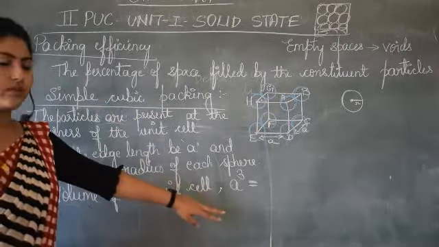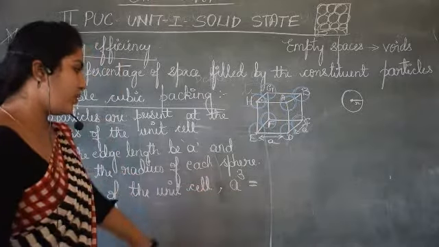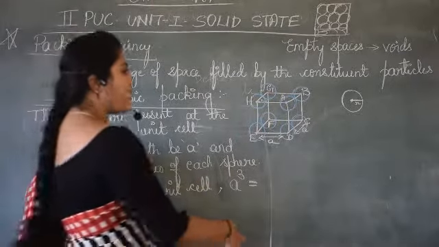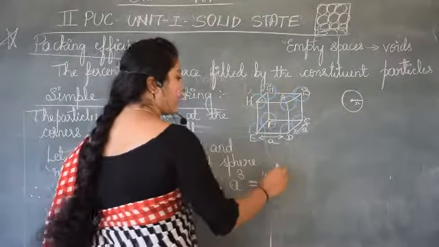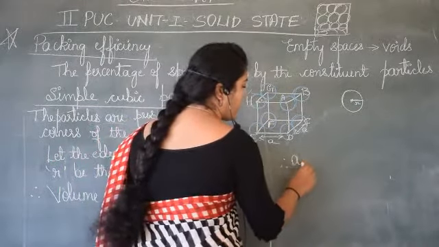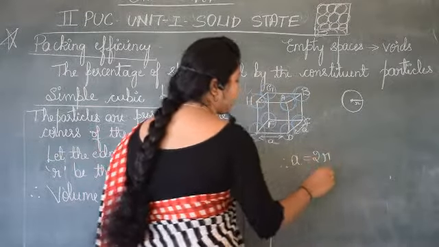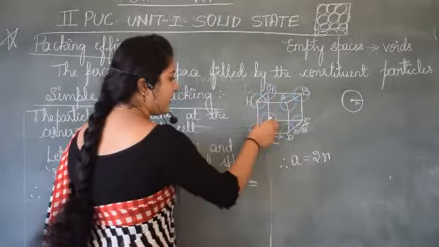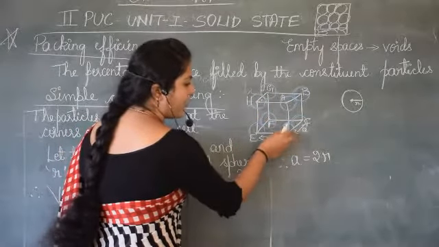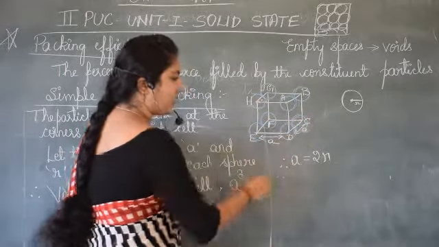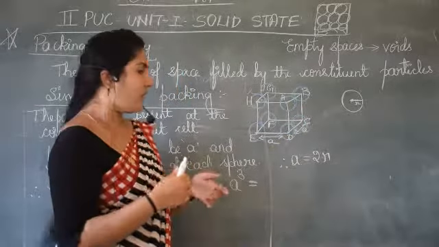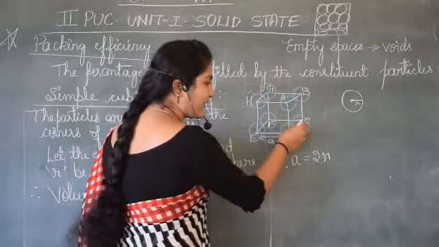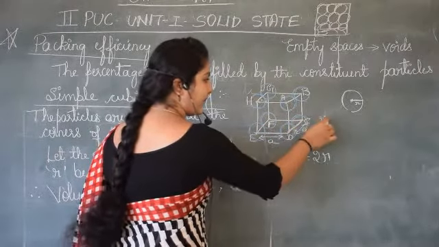Before going to this point, let us add one more point here. Now we know r is the radius of the sphere. Therefore, A is equal to 2r. Am I right? See, if you consider one edge, here you have two spheres. This is one sphere, this is another sphere. So both are touching. So when you say A, that means half of this radius plus half of this radius, r plus r.